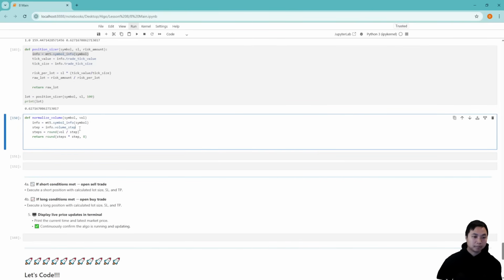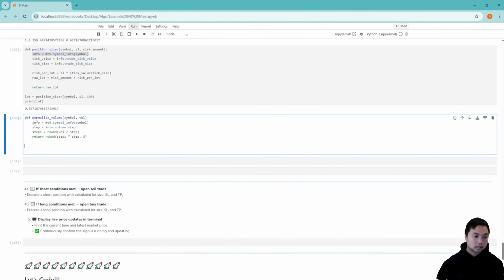Then we multiply it back by the step, and finally we round off to the decimal place to be safe.